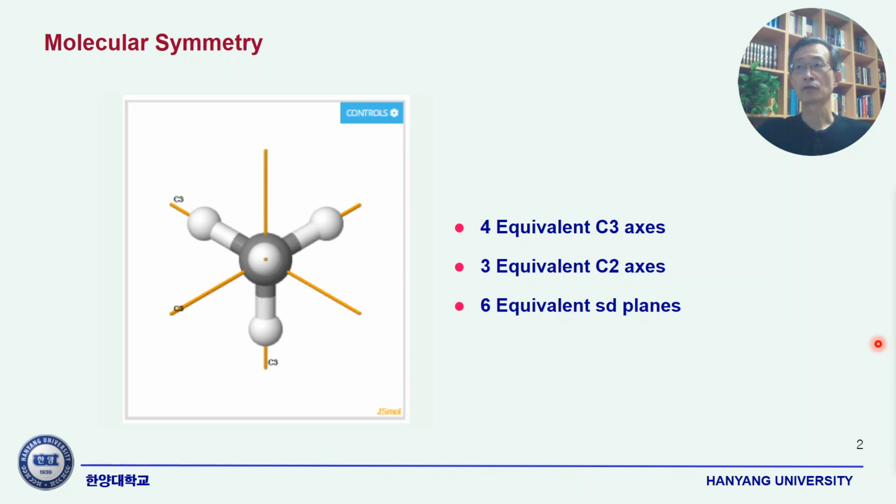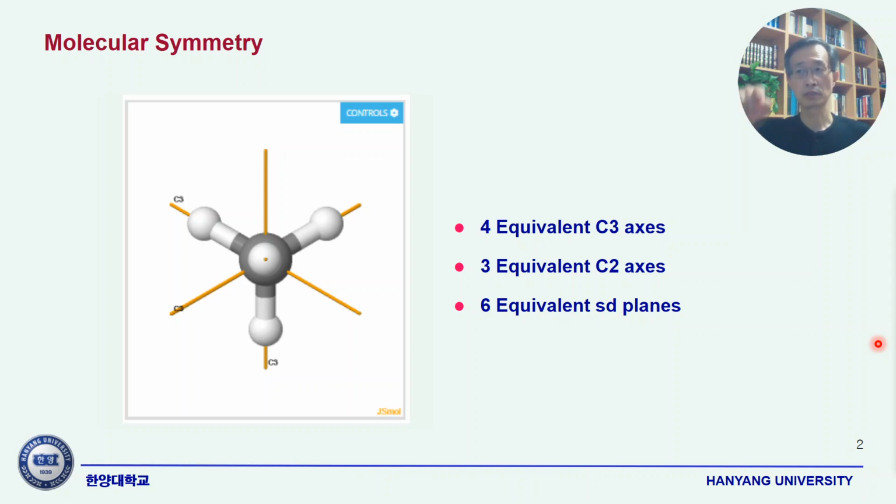So there are 4 equivalent C3 axes. C3 means one rotation of 360 degrees gives 3 times the same positions, or same conformations, that you can observe. So for example, this is from the top view.